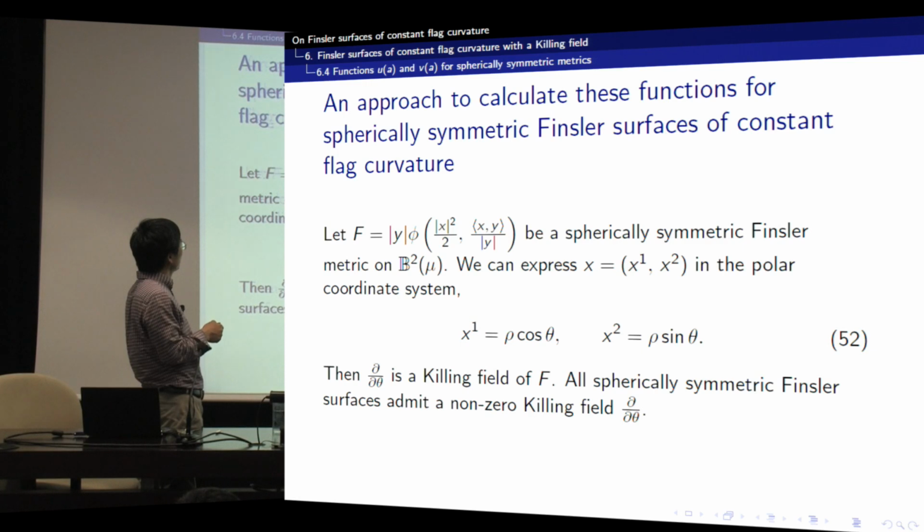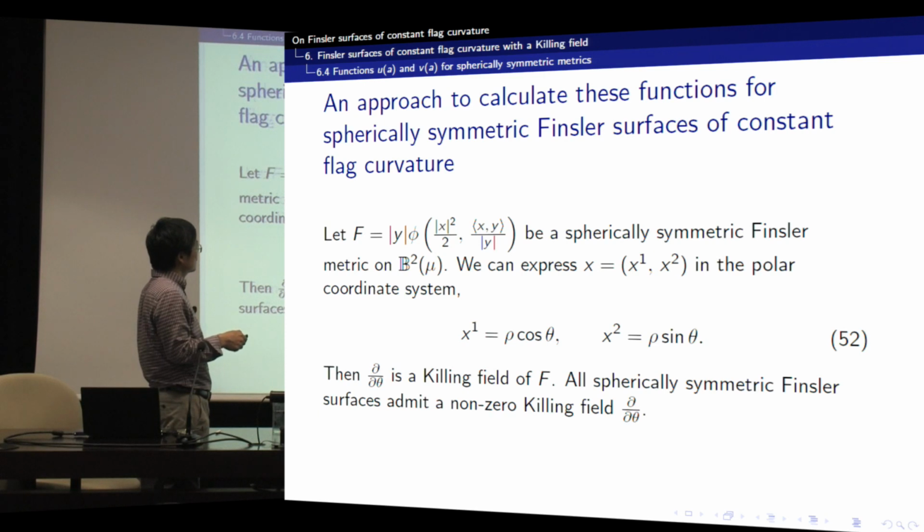F equals |y| φ(|x|²/2, <x,y>/|y|), where x means point, y means vector, be a spherically symmetric Finsler metric on the ball.